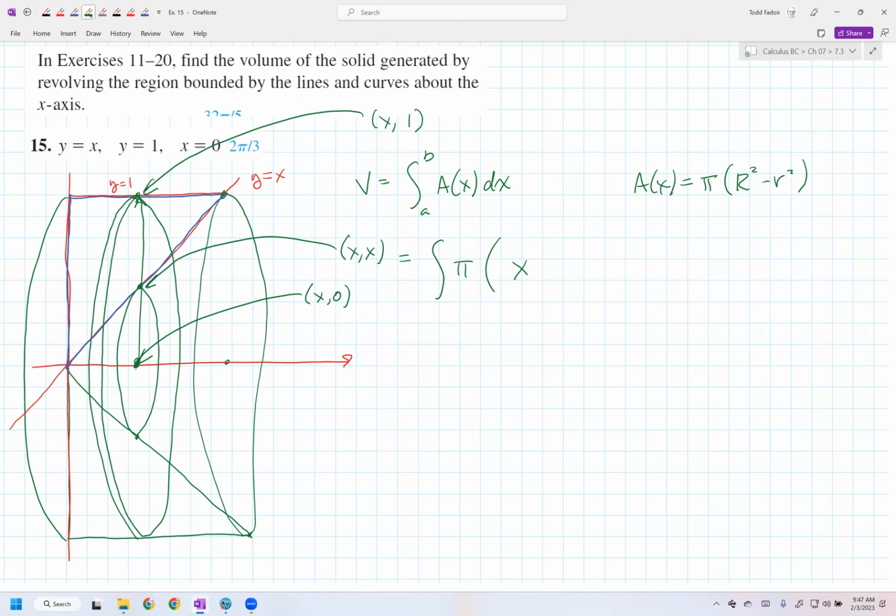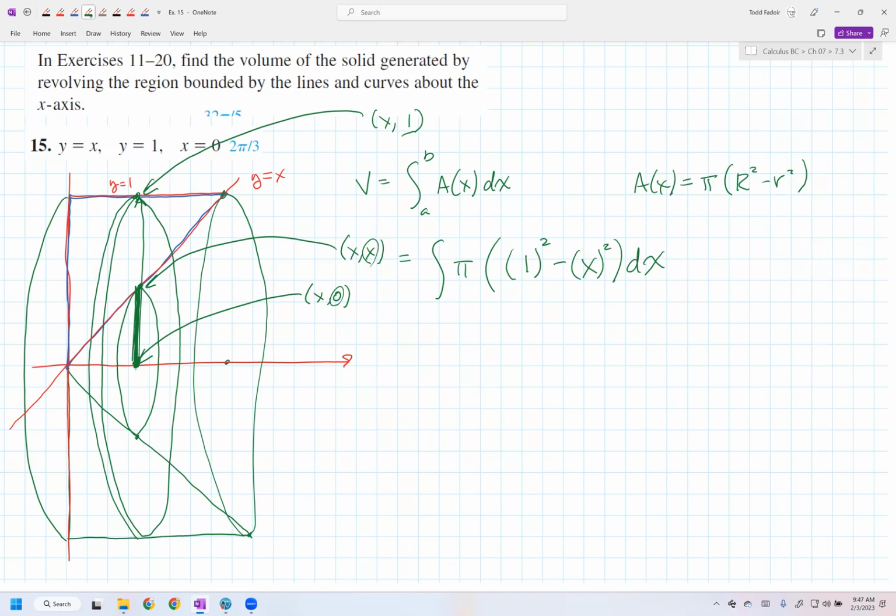Sorry. Big R is 1, and I'm going to square that. I'm going to say the little r is from here to here. And I think that distance is the difference between 0 and that x, the difference in the y coordinates. I'll call that distance x, and I'll square that.